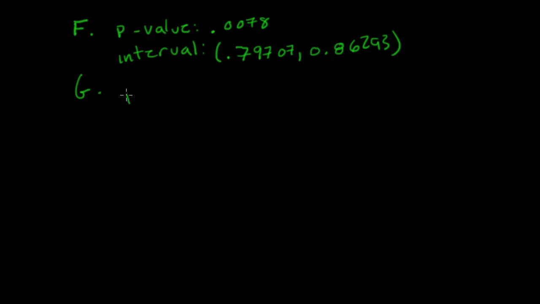Now, G asks about the null hypothesis. So both, like, the p-value here is clearly less than 0.05 and 0.87 is not in the interval.